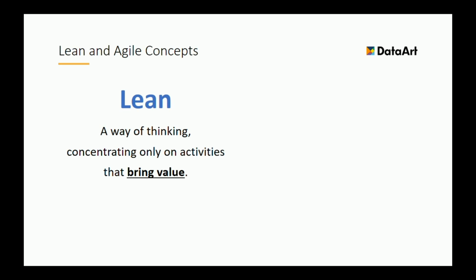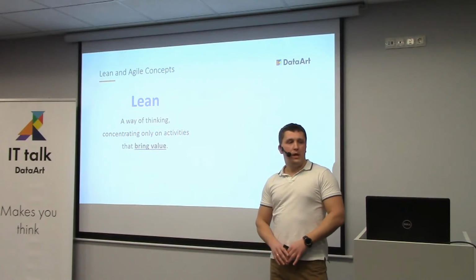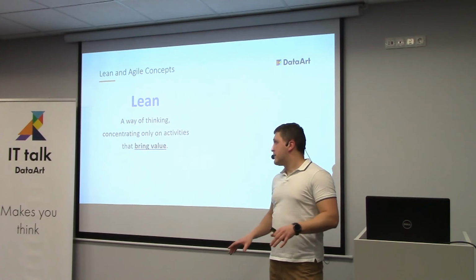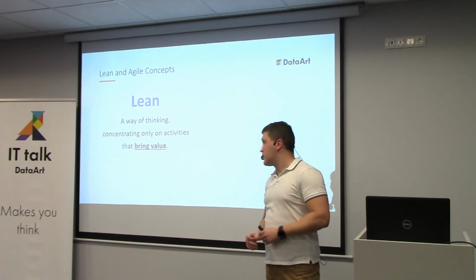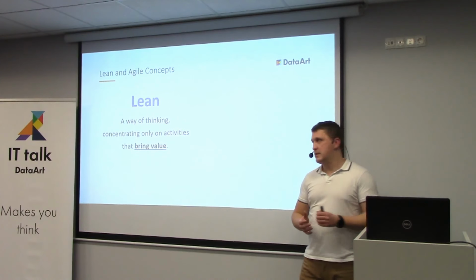That's a way of thinking that they, so to say, invented. And this way of thinking concentrates only on the activities that bring value to the product that we develop, and cutting off everything that doesn't bring value. So in lean terminology, it's called eliminating waste.